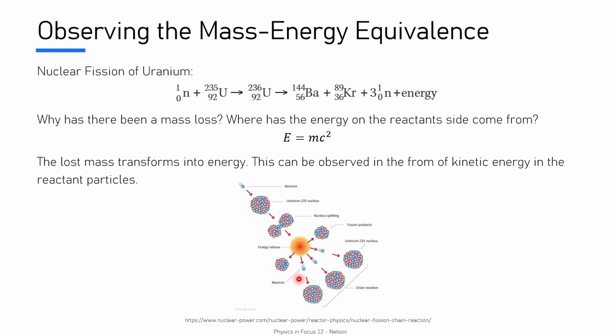The 3 neutrons are expelled at such a speed that they are able to interact with other uranium particles and cause the same fission process. Again, where did this energy come from? Well, it came from the mass defect. By E equals mc squared, this loss of mass led to a transformation of kinetic energy, which ended up in the neutrons as well as the other fission products, giving the neutrons enough energy to be able to continue the reaction.